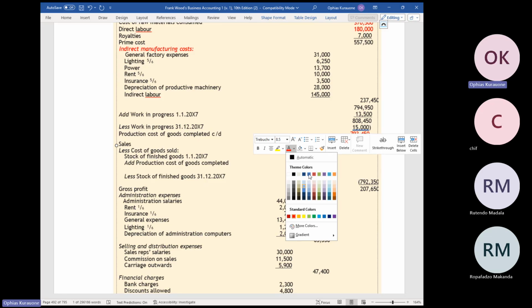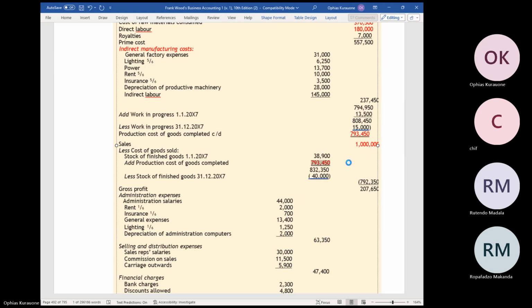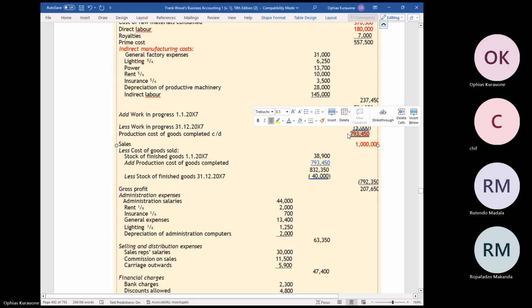Let me use another color here, the green color. So this figure, which you have calculated here, is going to be transferred here.